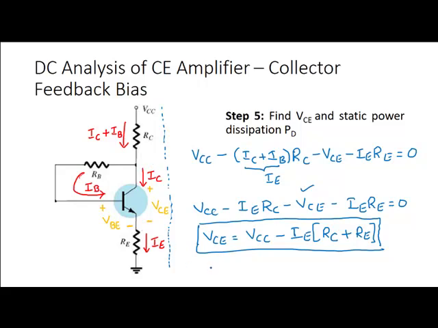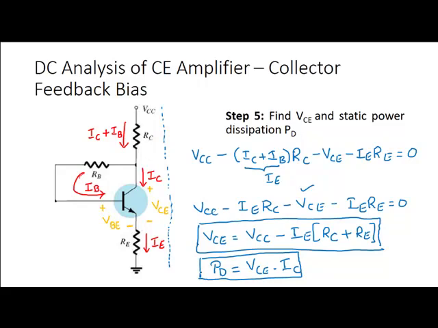We can find out the static power dissipation of the transistor, which is represented as PD. It is nothing but voltage drop across the device VCE times current flowing through the device IC. So this is the static power dissipation of the BJT in this particular circuit.